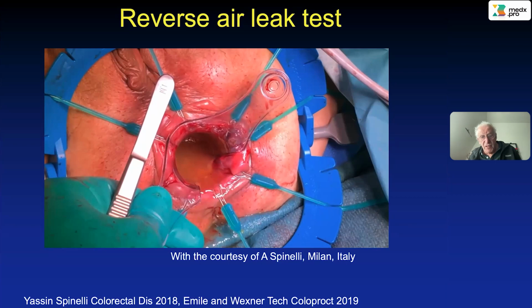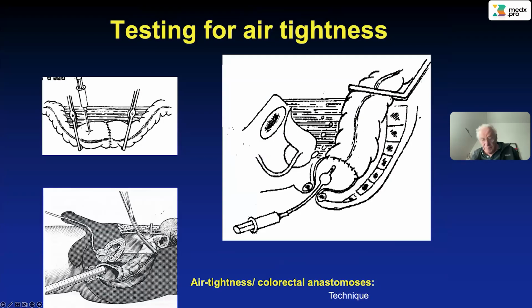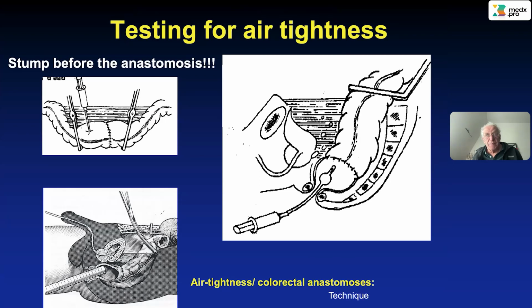So testing for air tightness from the abdomen or from the inside out or outside in, both are ways to do it. Don't forget the stump. I always test for air tightness of the stump before I do the anastomosis as well.